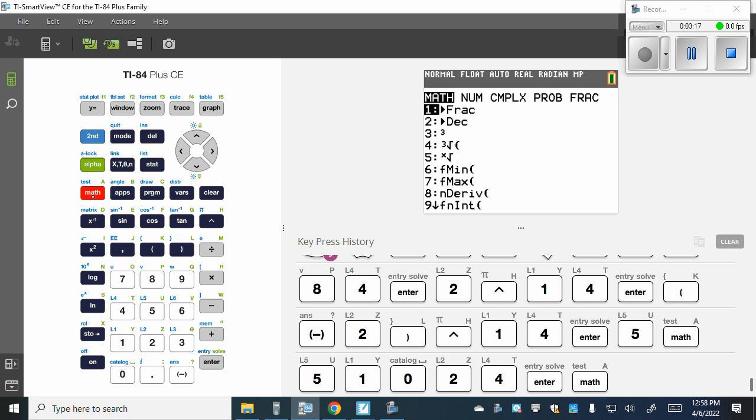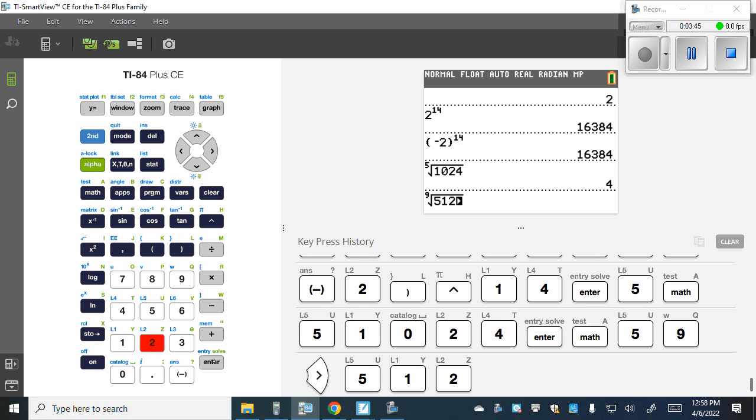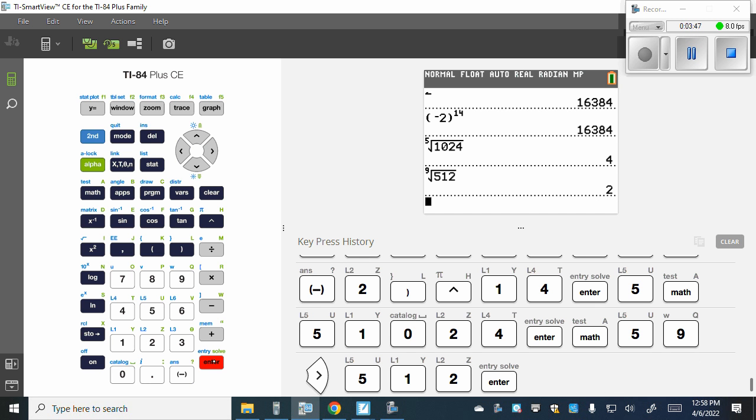The fifth one down in the Math menu is the x root. We could scroll down and hit enter, but the numbers next to it are shortcuts. So I can hit 5, and it'll pull that root up, and then we type whatever the root is. One of the others we have is the 9th root of 512, and that would be 2.